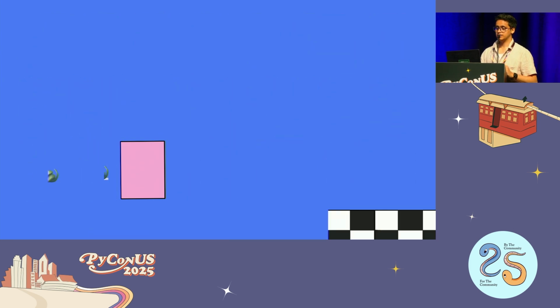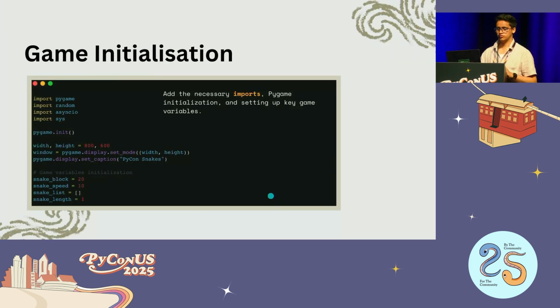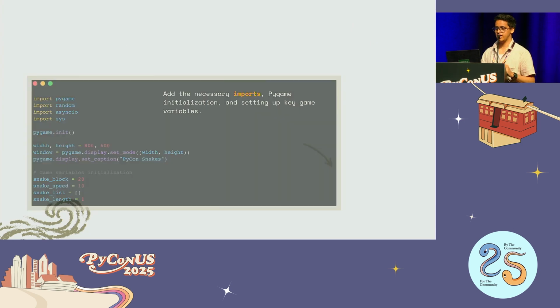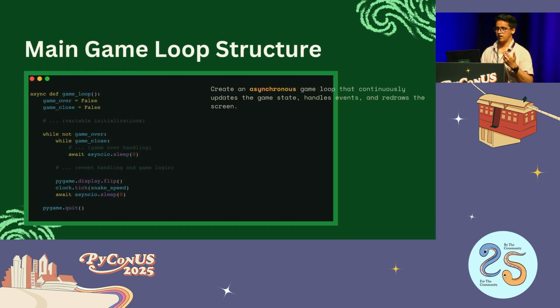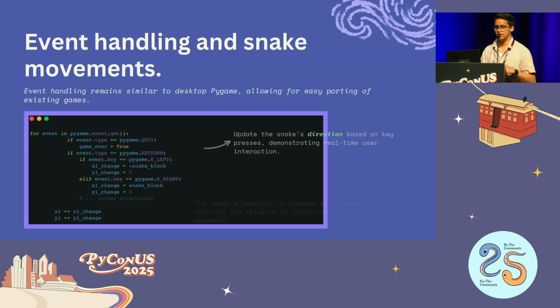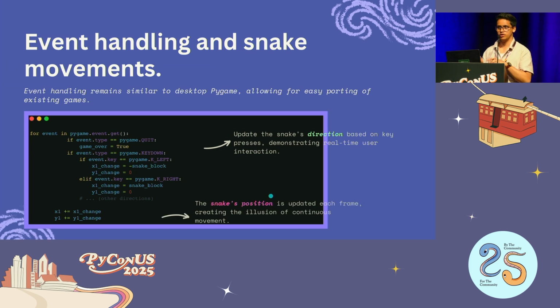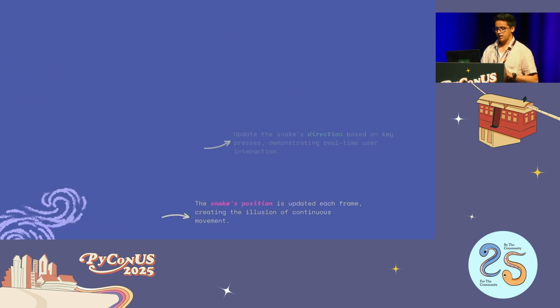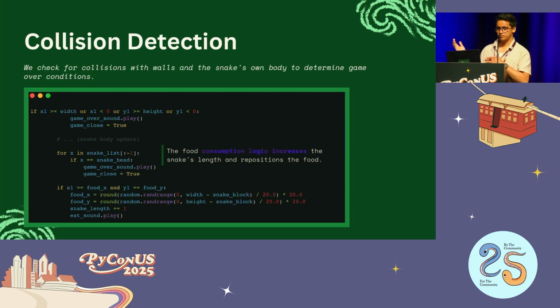So these are the last few slides, which just go over the same code. You initialize the game. We have the game loop structure where we specify the game logic. We have event handling, how you want to make sure your key presses are working, up and down, left and right, and if that happens, where the new rectangle position should be. And this is the code for the collision detection.